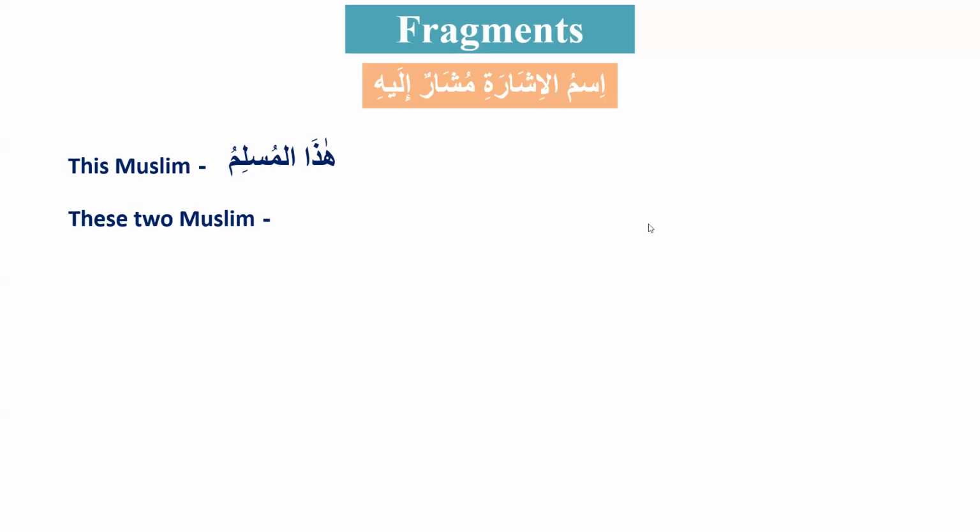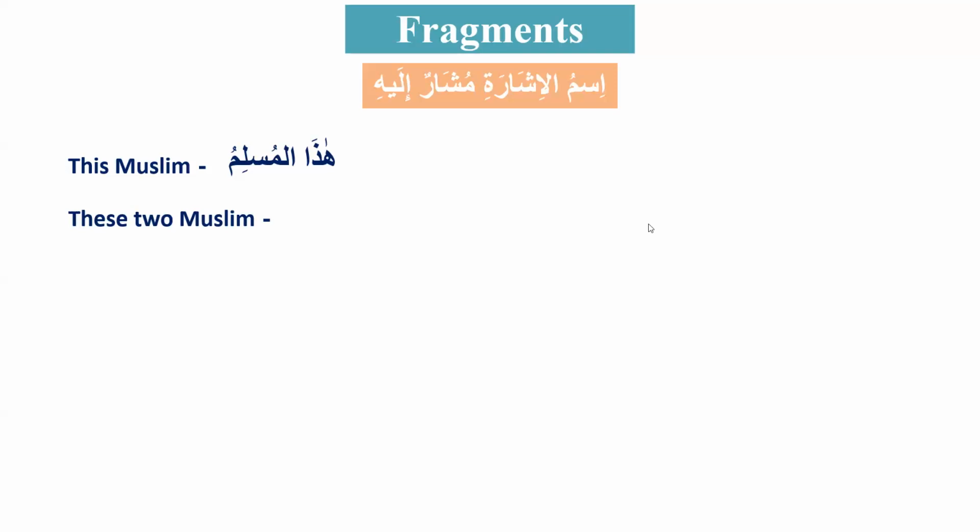That's correct. Okay. I think Zainab wants to say something. Zainab? Since it's these two Muslims and they need to be the same in the number two, wouldn't it be Hazaini al-Muslimani? Hazaini will be Nasab or Jar and Muslimani will be Rafa. So that will not match in status. Umar, you have to say something?